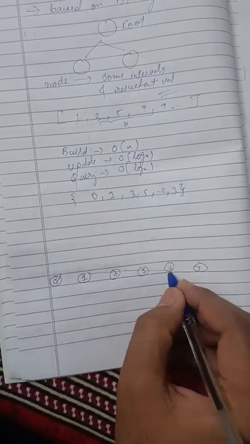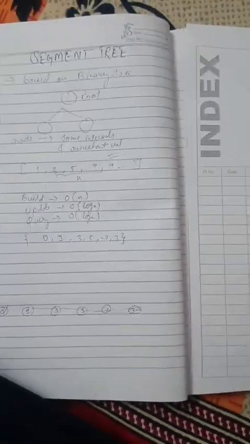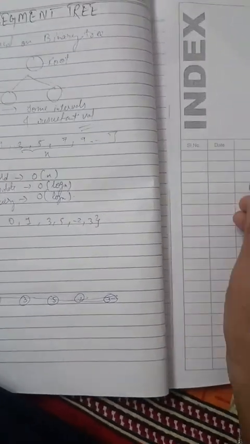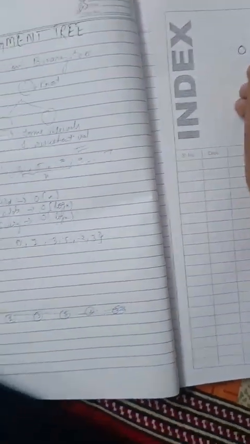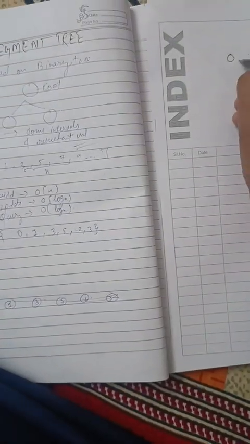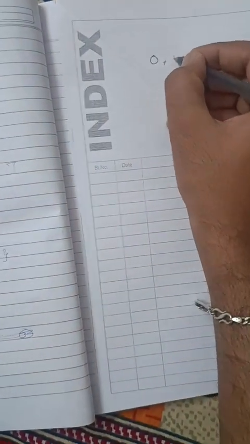Let's do it first from the top side. Here it is 0 1 3 5 minus 2 and 3.